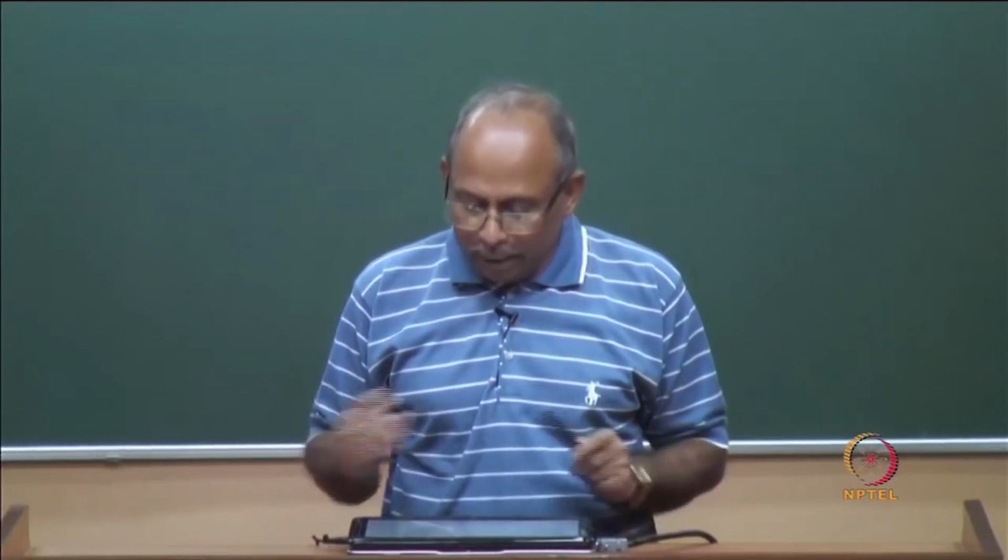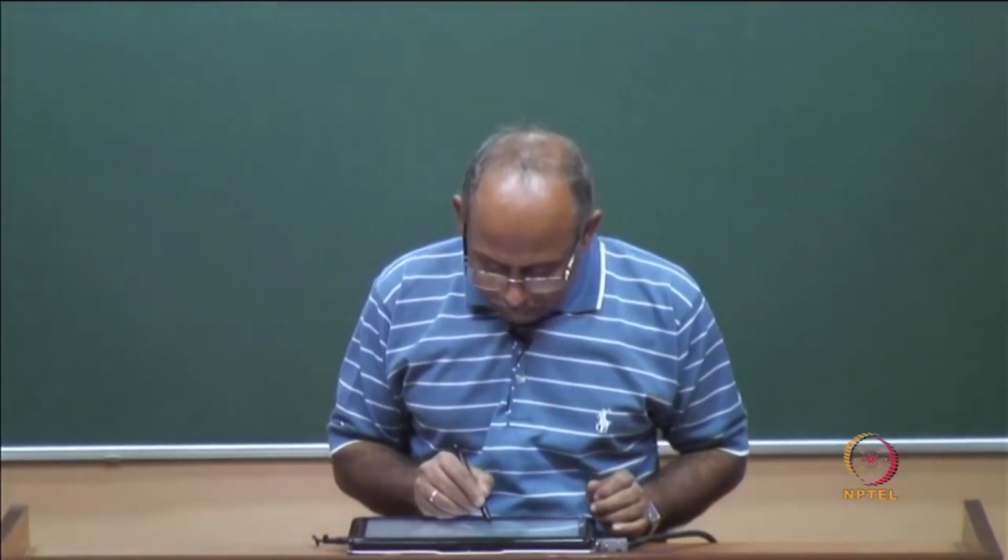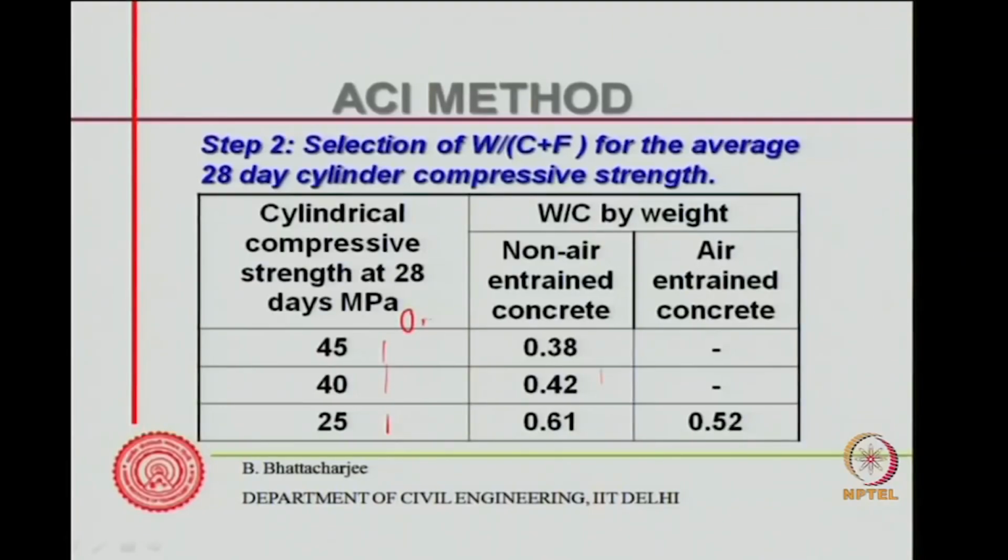So, cylinder strength is about 0.8 times F cube strength, FCU. So, FCY, if I call it, cylinder strength is equal to 0.8 FCU. In other words, the cube strength is higher than the cylinder strength.